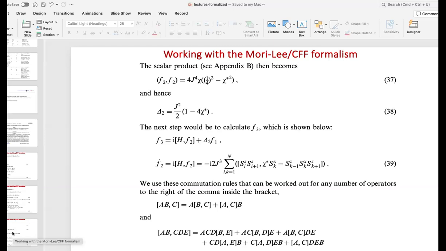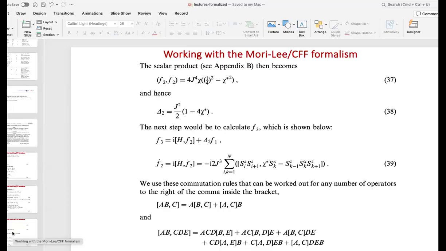So if you now compute F3, the commutation here, basically this relatively straightforward old commutation, the new one, AB, CDE, is this formula here, which you can work out actually. Just like I did ABCD, this is ABCD, another step down.